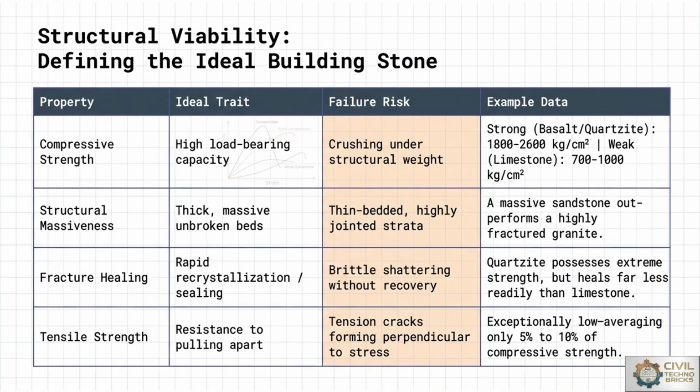Means the massive unjointed thick rock beds provide better engineering performance than highly fractured or thin bedded rocks. These rocks with good fracture healing or recrystallization characteristics generally exhibit improved long-term durability, where the most important point is the tensile strength of rocks, which is usually very low as compared to the compressive strength, making them vulnerable to crack development under the various tension activities.